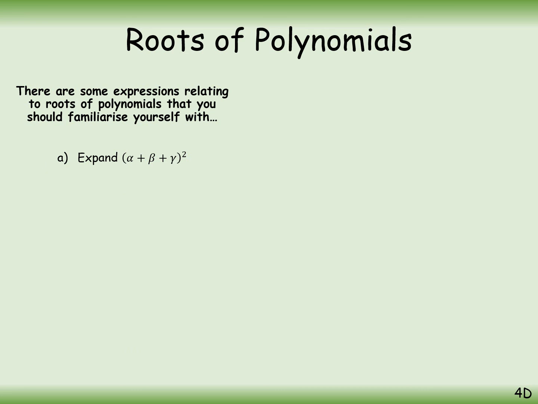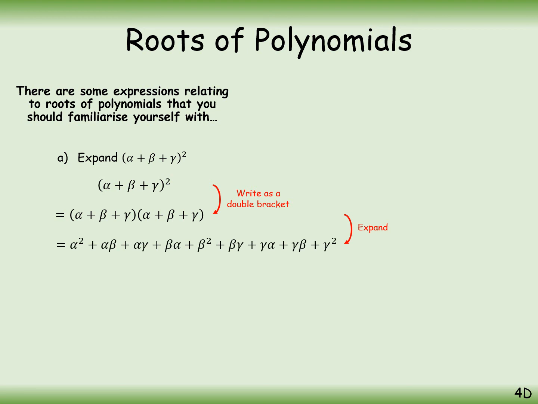So if we expand this, we could write these as double brackets, and if we expand using FOIL, group like terms and refactorize the latter part, we have 2 lots of the sum of the doubles.